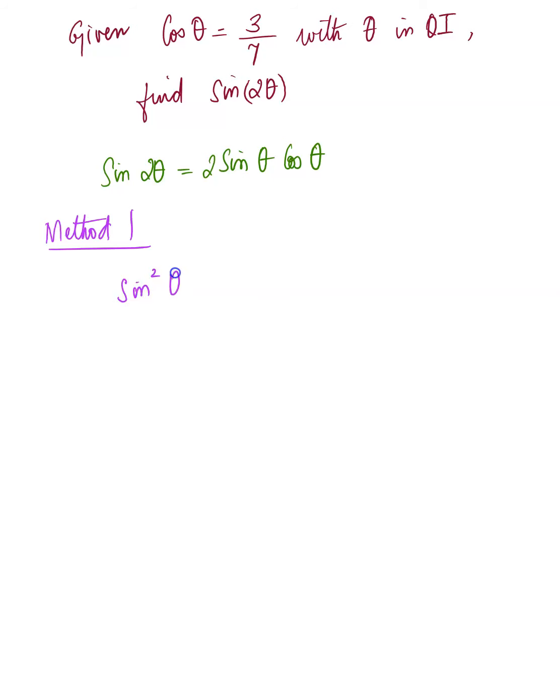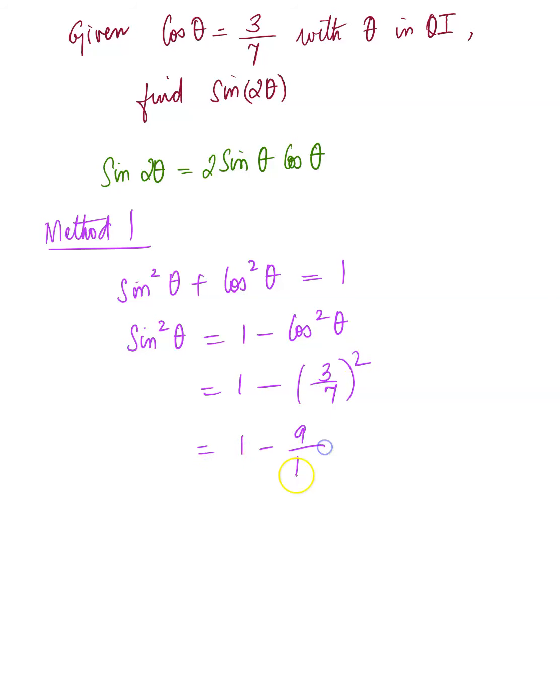So sine squared theta plus cosine squared theta equals 1, right? So sine squared theta is 1 minus cosine squared theta. And we are given cosine theta to be 3 over 7, so I have to square it. 1 minus 9 over 49 will be 40 over 49, which is sine squared theta.